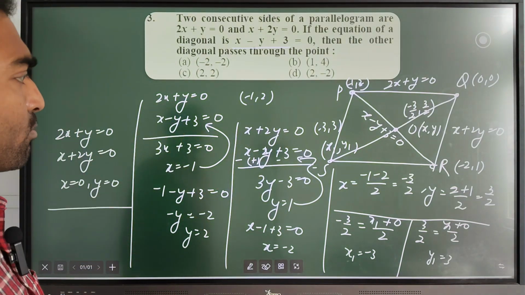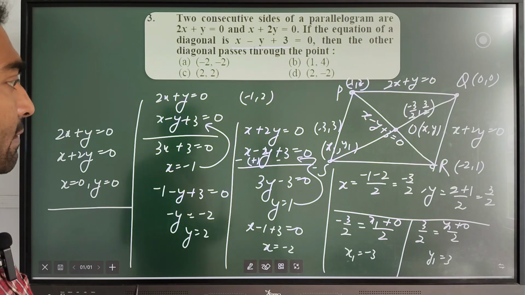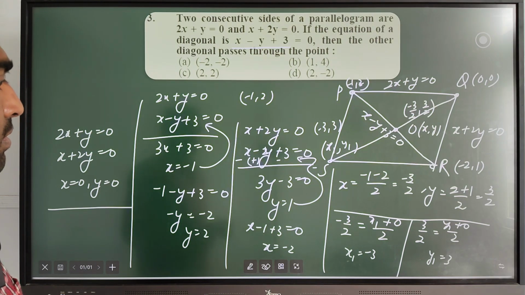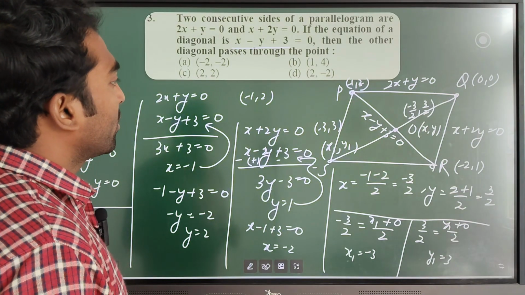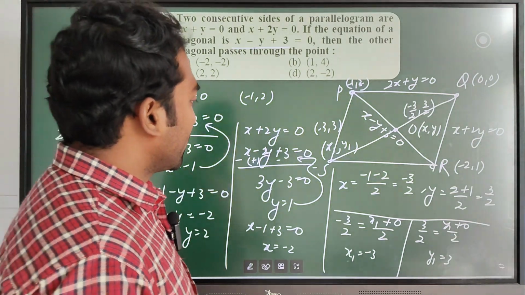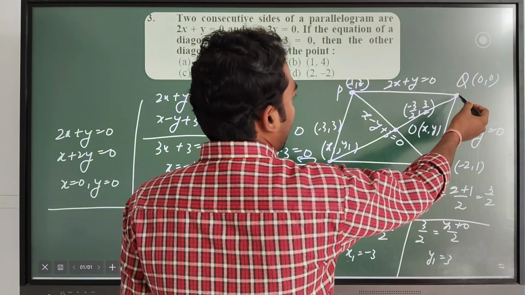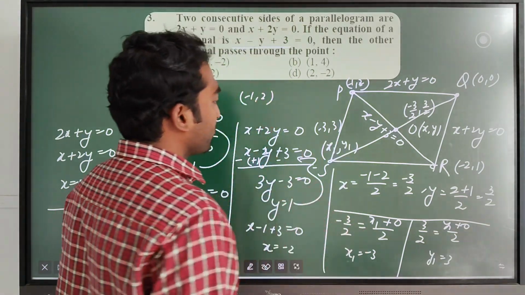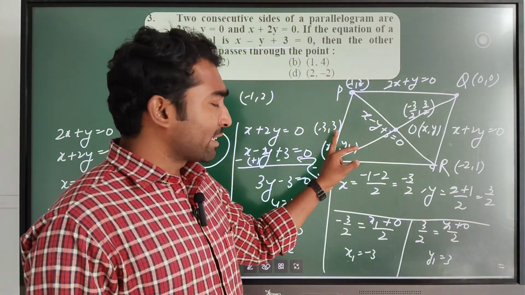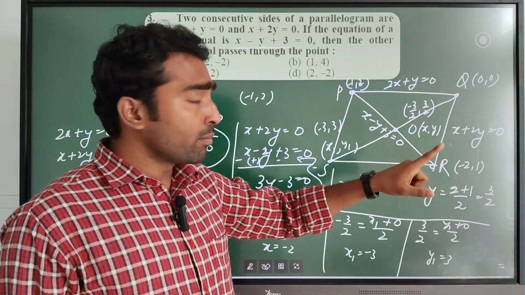None of the options match. I don't think there is a mistake. If none of the options is matched, then you can also check here. It will pass through 0 comma 0 and minus 3 comma 3, which means the coordinates of both x and y are the same in magnitude, and the x coordinate is in negative form and y coordinate is positive.